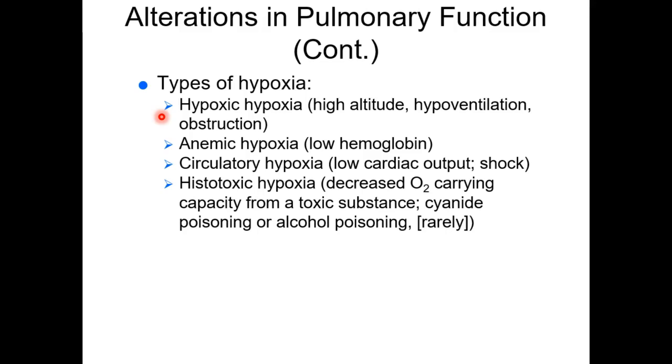Therefore, the oxygen level in the atmosphere is fine, but it's not in your red blood cells or there aren't enough of them. Circulatory hypoxia, something's happened to your heart or your distribution, just like all of those pathogenesis of shock things that we did in the first unit. Histotoxic hypoxia, there's a toxic substance that is impacting your ability to use oxygen.